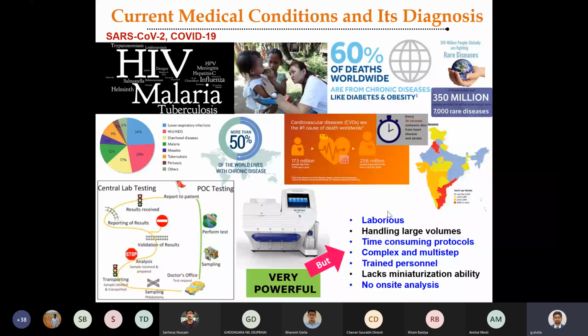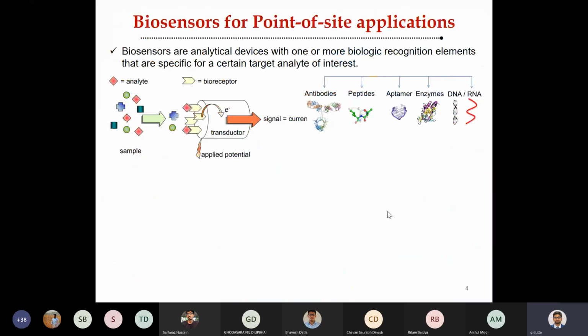The solution for this problem is the biosensor. This is one kind of solution. Let's come to the definition of the biosensor. Just try to understand it. A biosensor is an analytical device with one or more biological recognition elements.